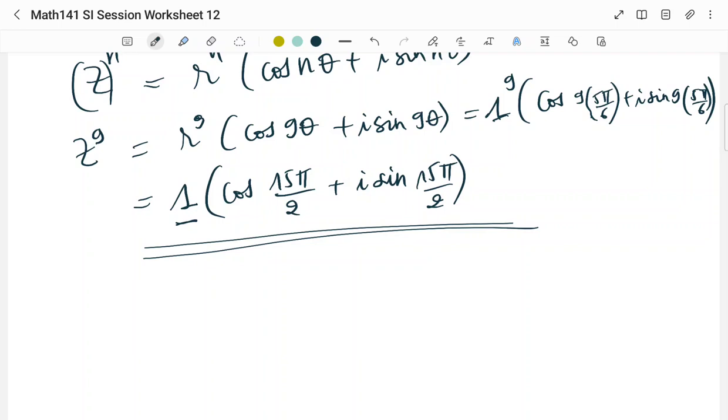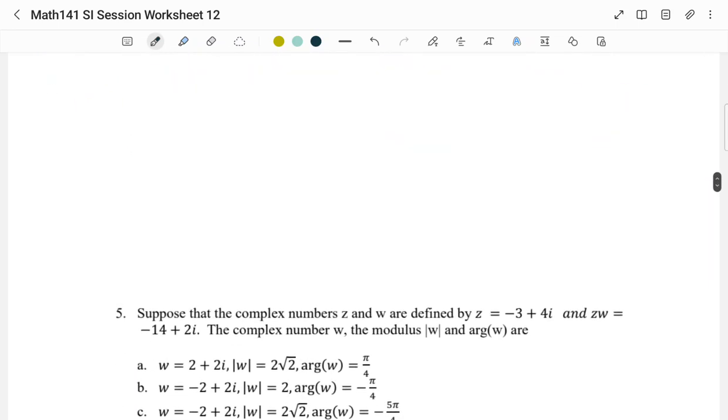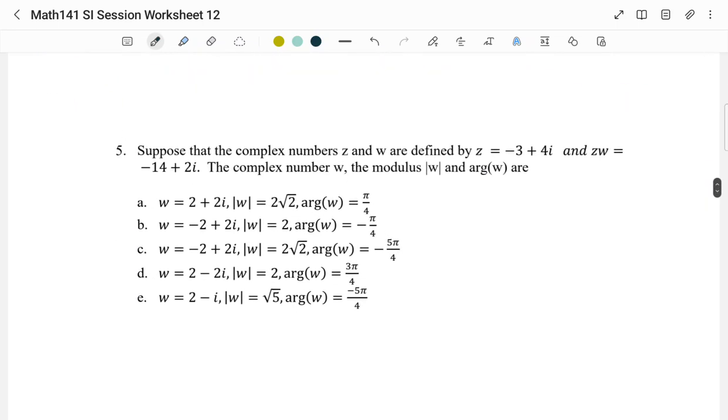So let's see how far we can push it again. Let's have a look at the next one.